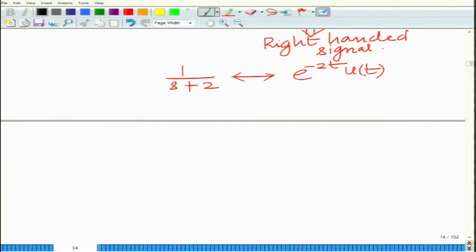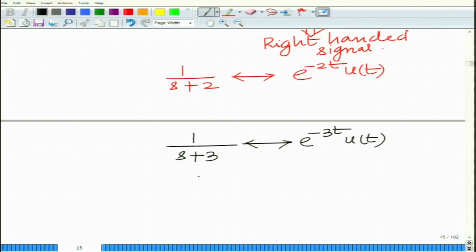Similarly, 1 over s + 3 will have the inverse Laplace transform e raised to minus 3t u(t).